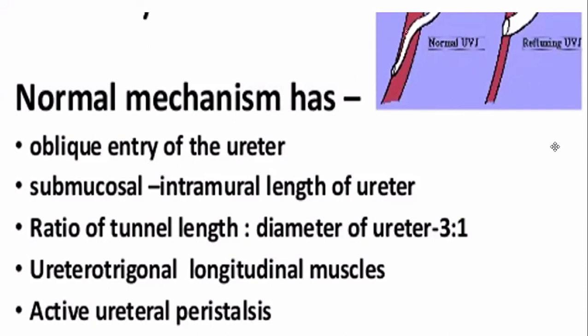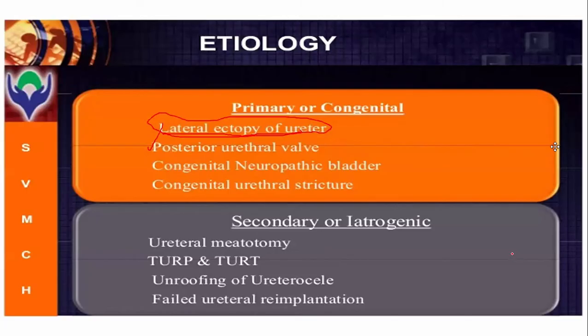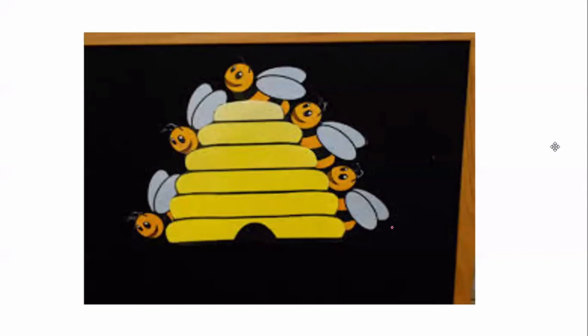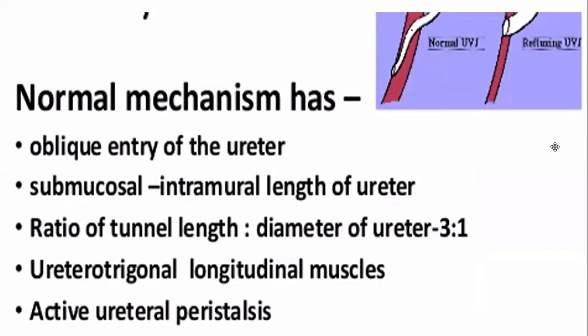Look at this. The normal entry of the ureter, as it goes there, is like this, doctor. It is long and it is oblique. This is the muscle, this is the mucosa, this is the submucosal area, and this is the muscular area.